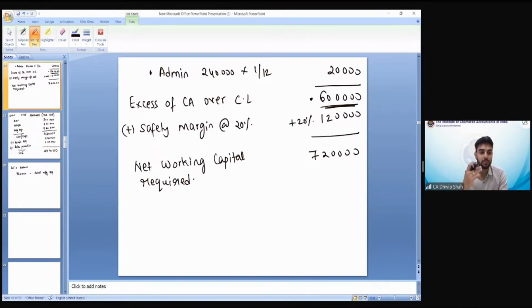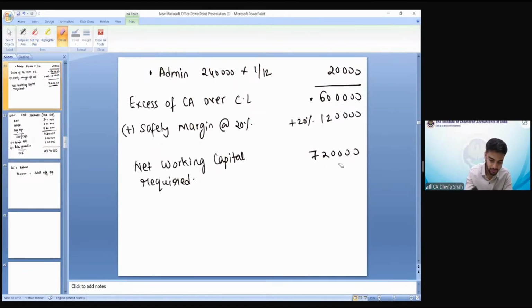The actual figure may differ here and there. So to be on a conservative basis, we add a safety margin. Your calculation is 6 lakh, but don't raise 6 lakh from the bank, raise 720 to be on the safer side. So you should pay attention in the class and not take breaks.